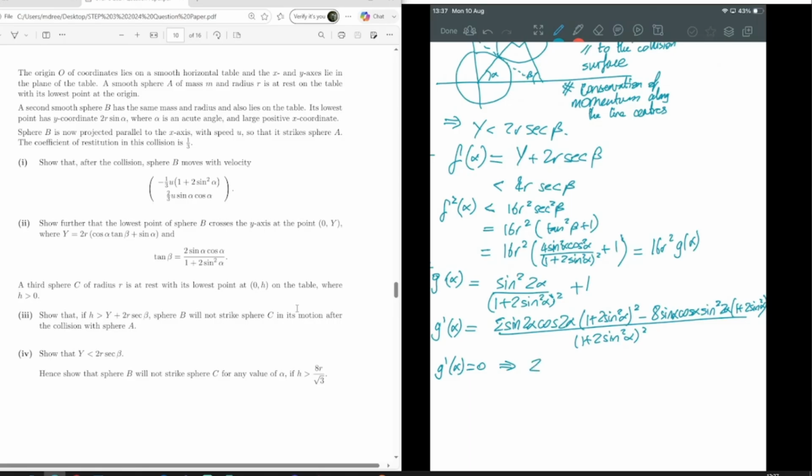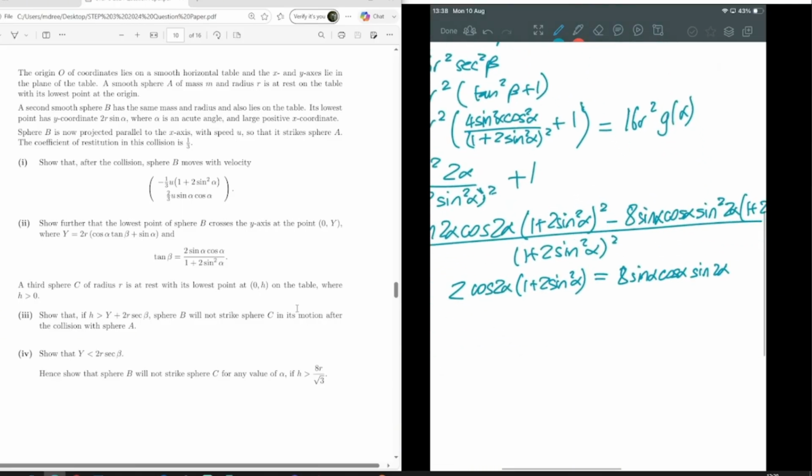So on that first term, there is a sine 2 alpha in both sides that can disappear, and a copy of the bracket that can disappear, equals 8. I've still got the sine alpha cos alpha, a single copy of the sine 2 alpha. So when does this equation hold?